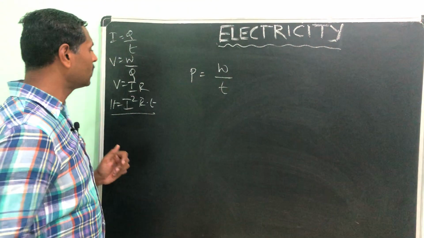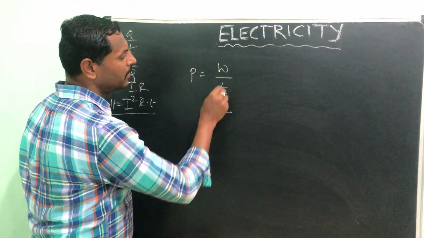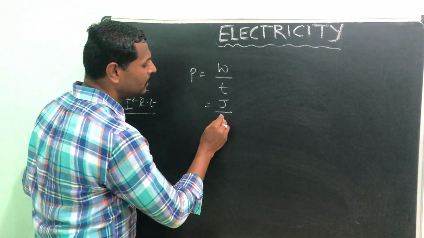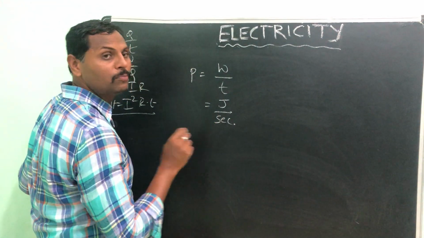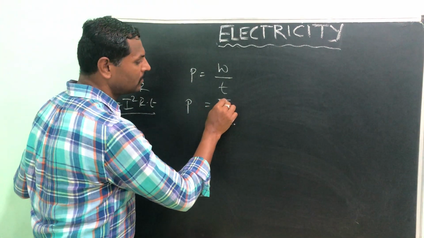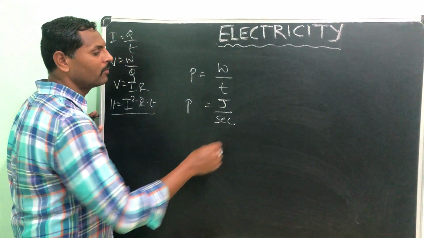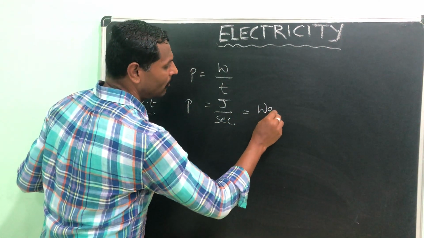Understood? So work will be measured in terms of joules. Time will be measured in terms of seconds, joule per second. Power, common unit we will measure in terms of joule per second. So the SI unit of power we use, that is watt.